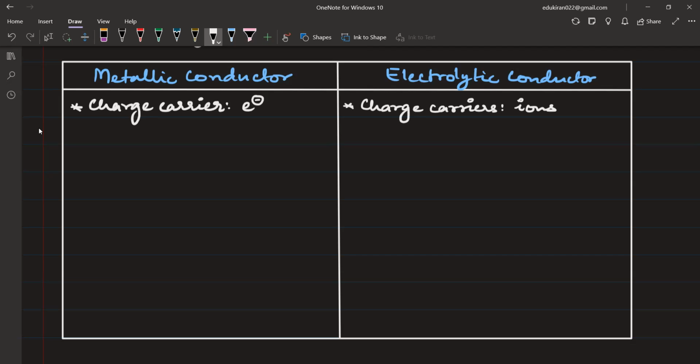These are the ions which are carrying the charge, and they are carrying the current. Now, whenever you flow some current through a metallic conductor, it is not going to show any change in chemical composition. If you pass electricity through a copper wire, it remains a copper wire. So right here, no change in chemical properties.